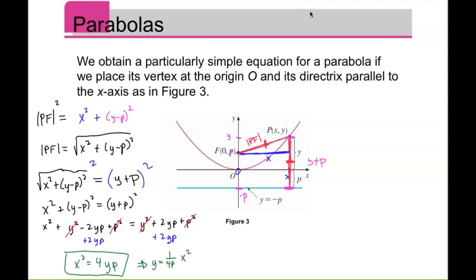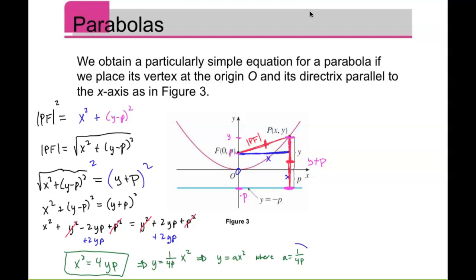Or I could rewrite that as y equals ax squared. That's probably a little bit more normal looking for a parabola. And we'll just say where a equals 1 over 4p.